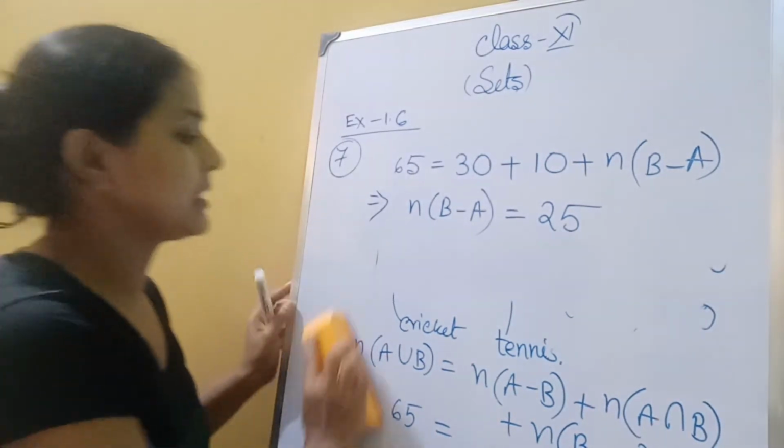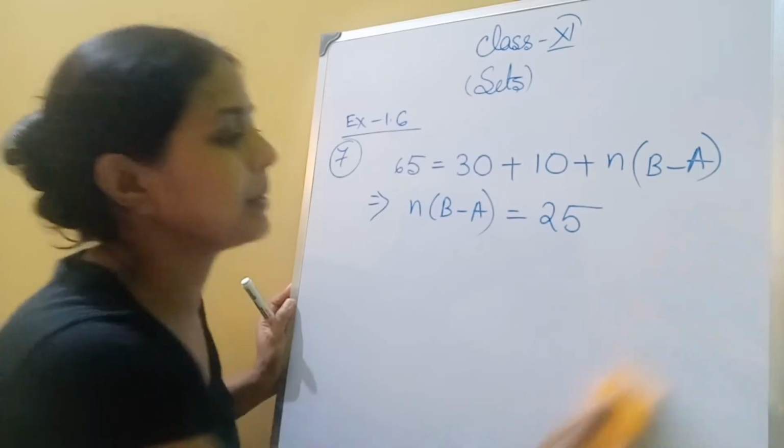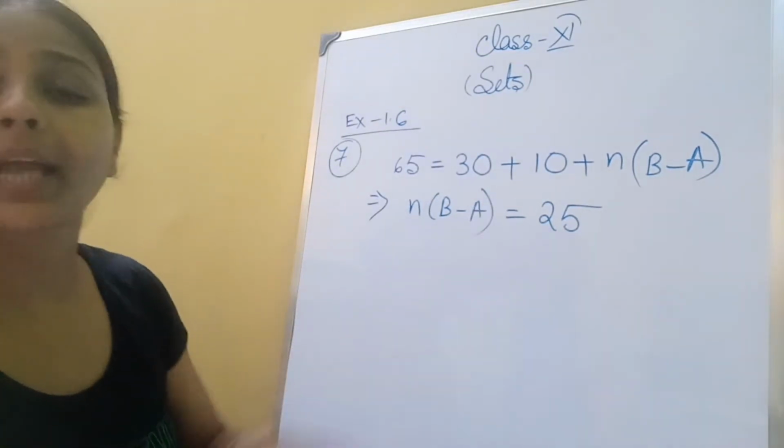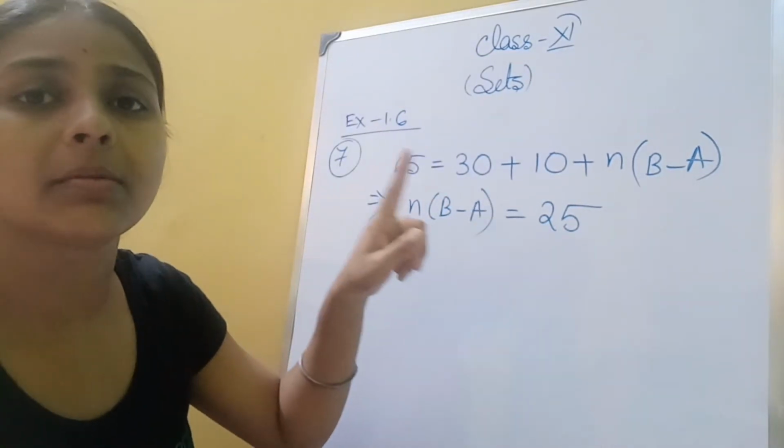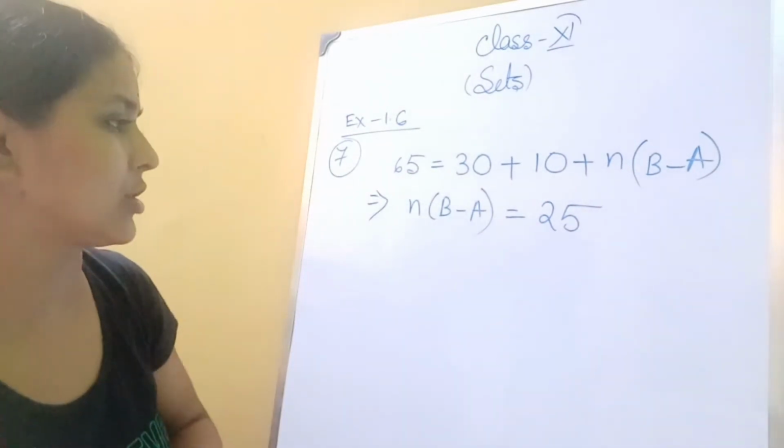That means 25 people like tennis but not cricket.